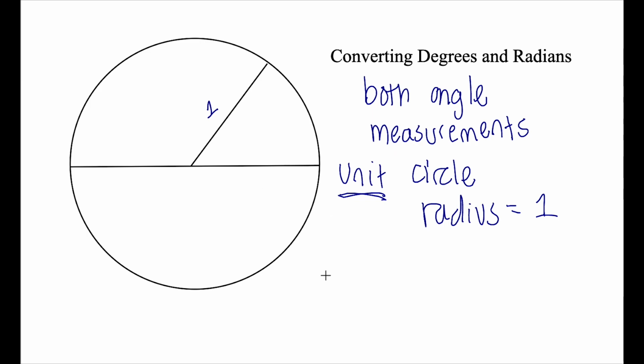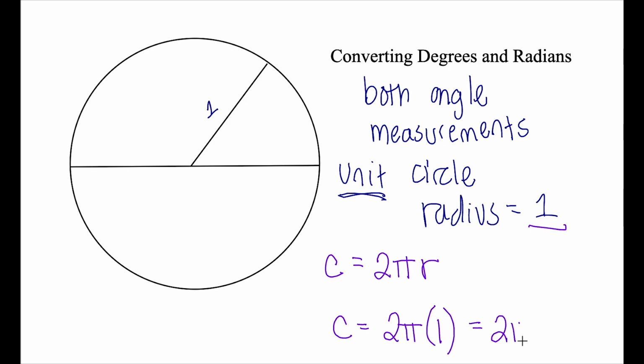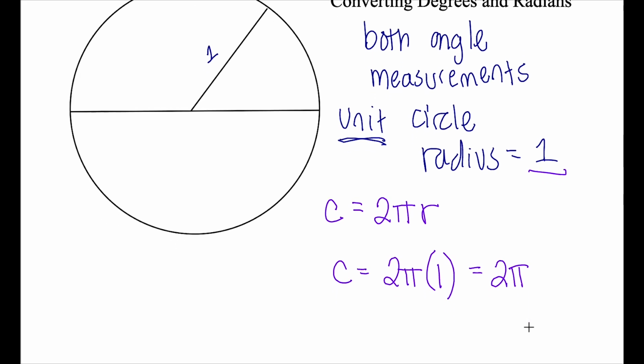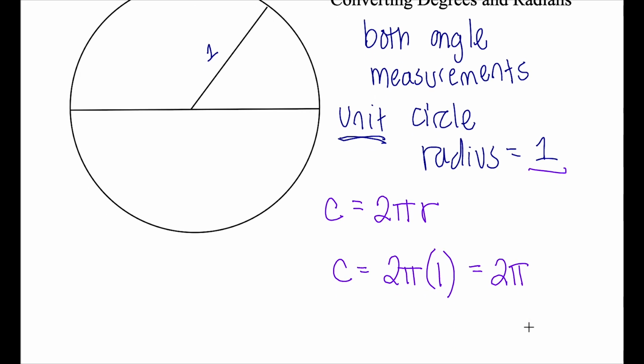Okay, so you may remember the formula for the circumference of a circle is 2 pi r. We can substitute 1 for the radius, and the circumference is 2 pi times 1, or just 2 pi. Now that's all the way around a circle.